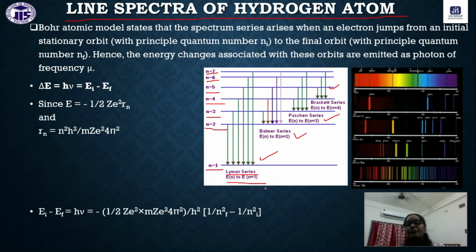If the electron jumps to the n1 orbit, it can jump from n2, from n3, from n4, from n5, from n6 or from n7.